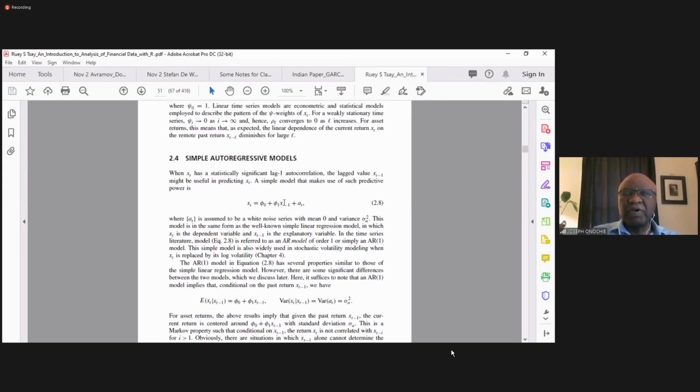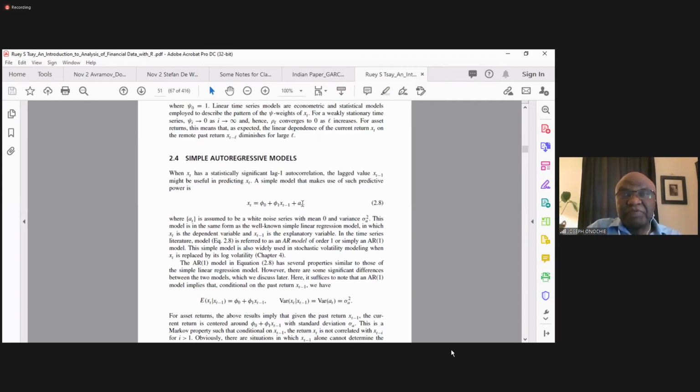If I ask you to go grab IBM returns for 10 years, day by day or month by month, and determine whether it's white noise or not. If it is white noise, then that means we're saying the returns of IBM every day are equal to a_t, that's all.